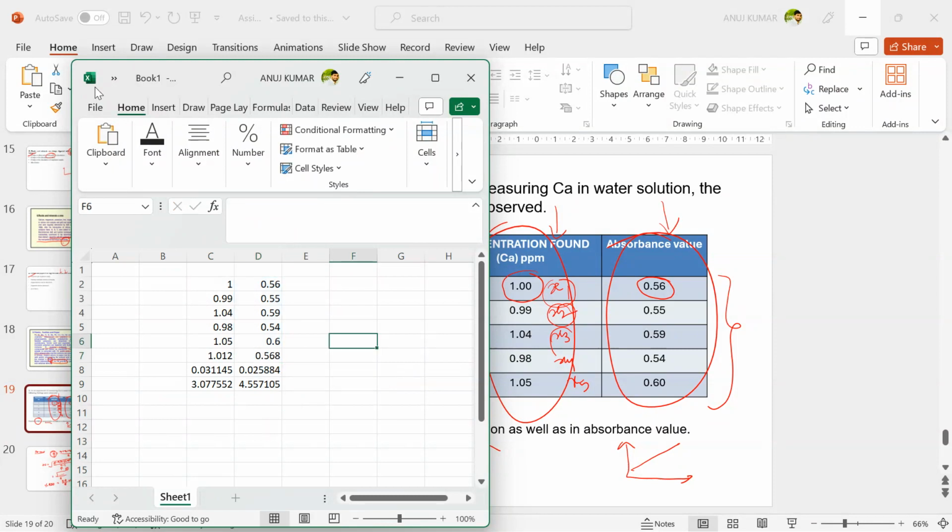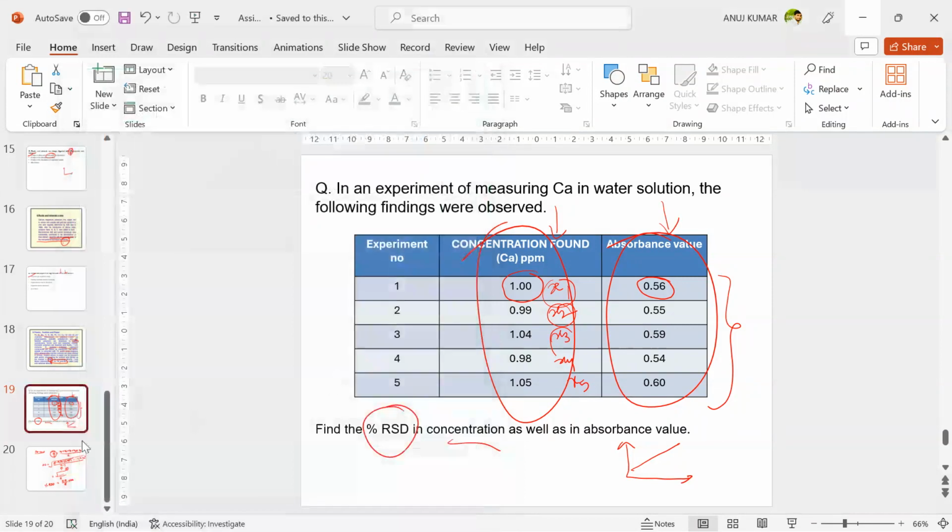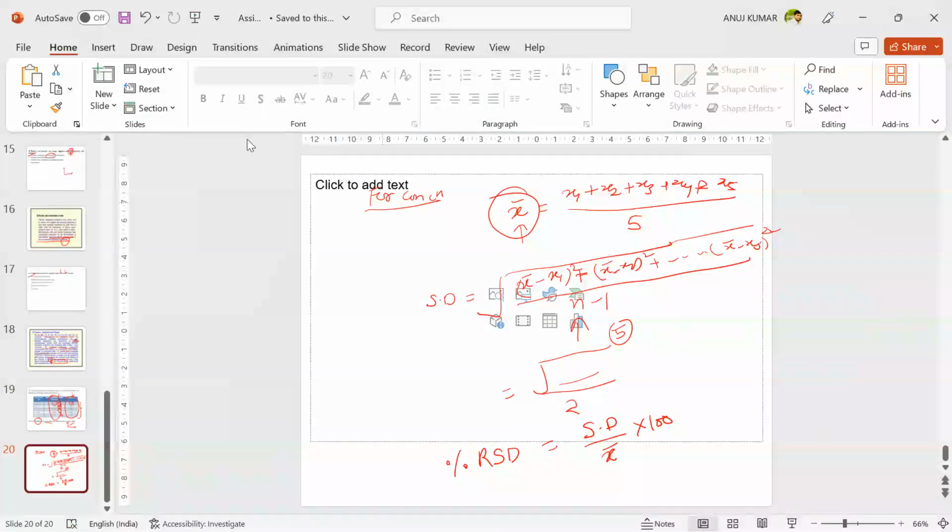Okay, you can cross verify by putting the values in the formula, right? So this was all about this last assignment.